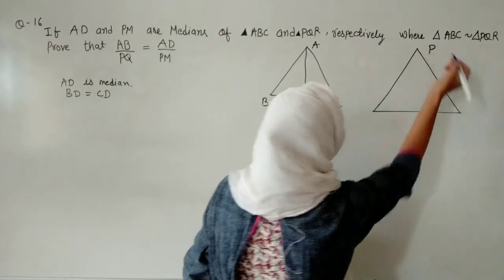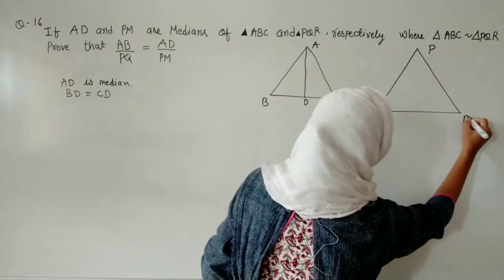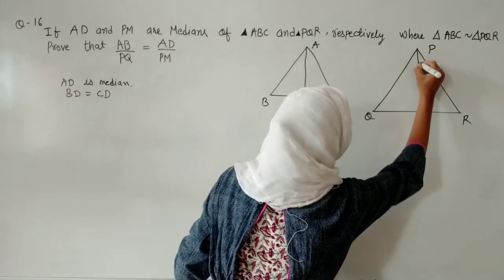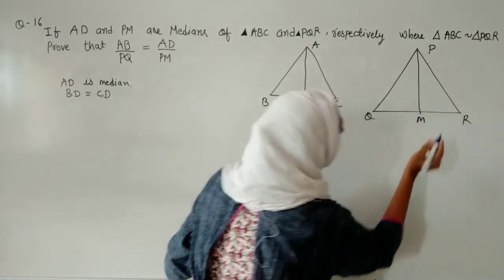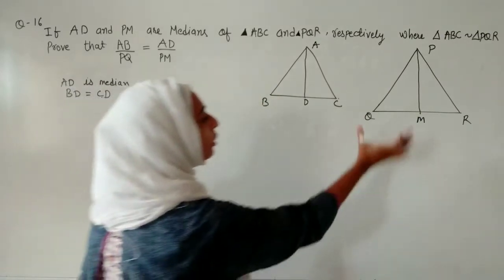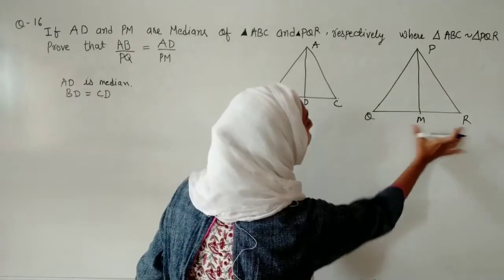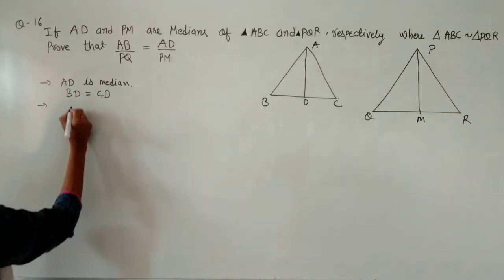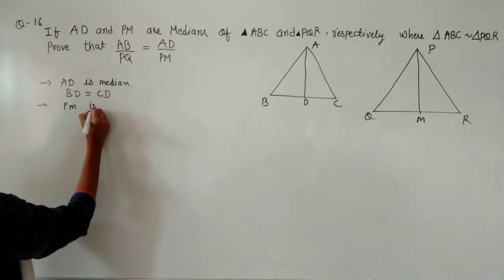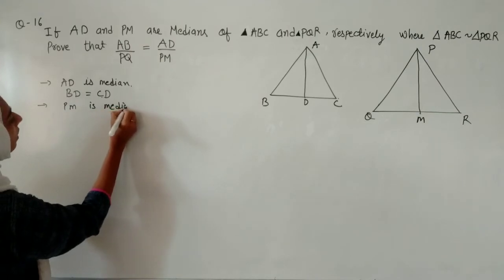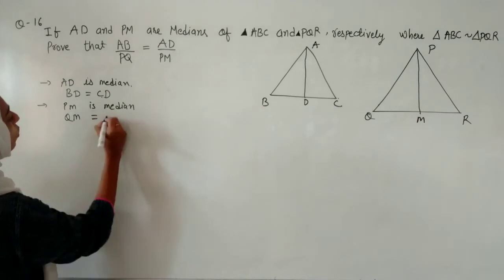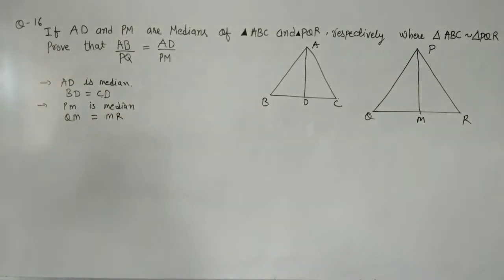So let us name it P, Q and R, and it has median PM. If we draw one line and name it M, as I told you, it will divide side QR into two equal parts. So in our given, if PM is a median, then we can write QM is equal to MR. This thing we can write definitely.